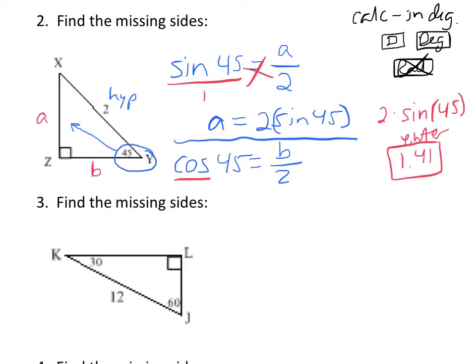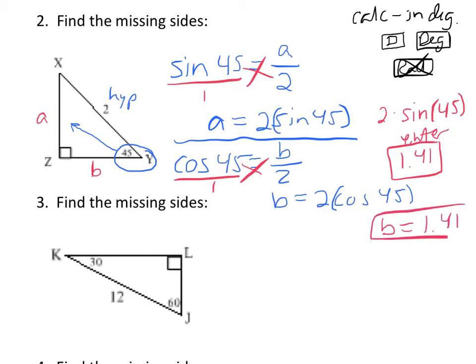So we can put this over 1 and do the same thing, which, if we cross multiply, would give us B equals 2 cosine 45, and again cosine 45 represents a value, so don't take 2 times 45. That should give you, again, approximately 1.41.